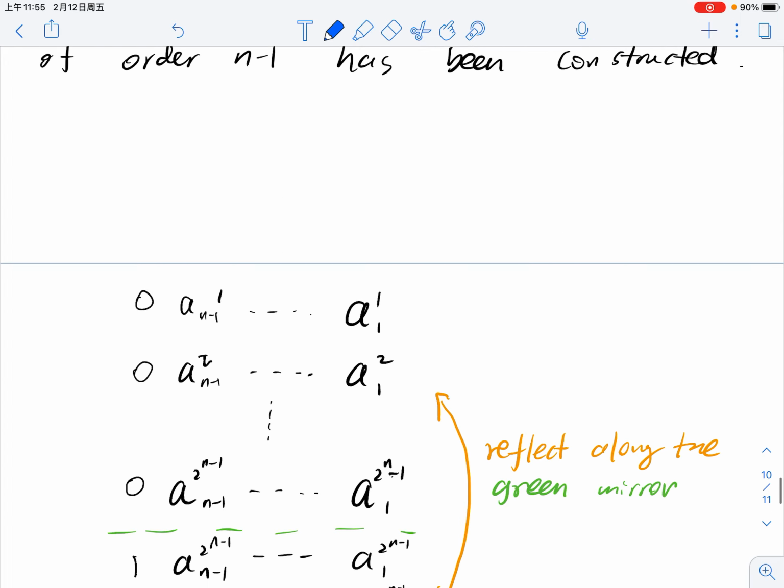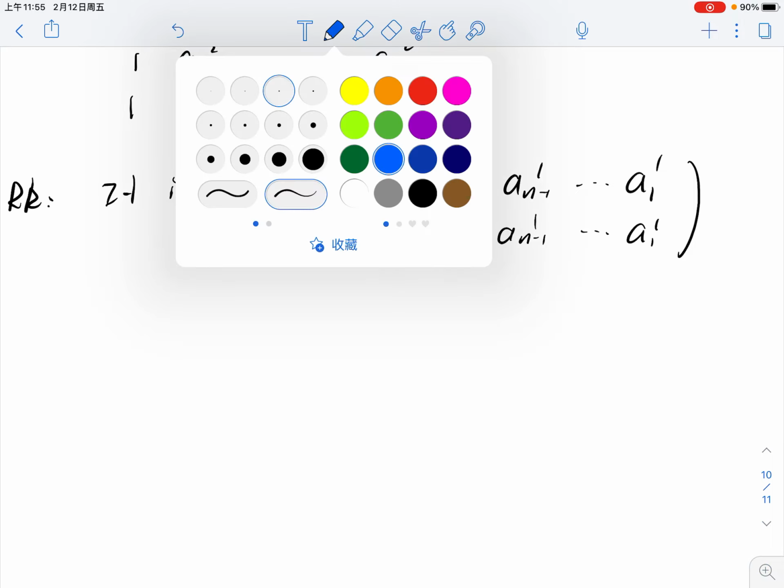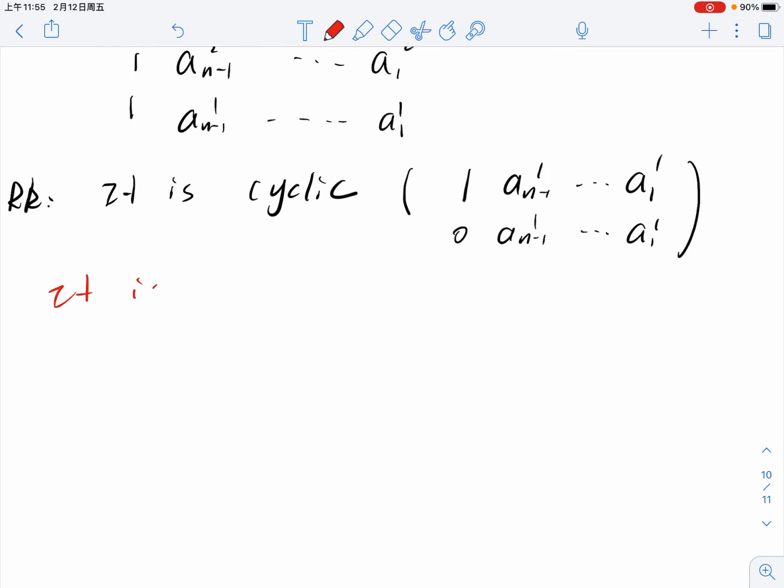So that will be a Hamilton cycle. So a very important remark: it is a good example of a Hamilton cycle.